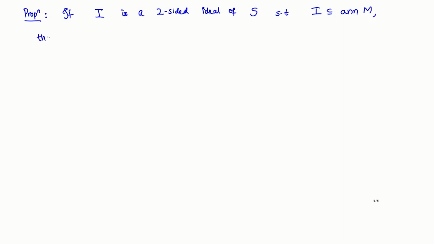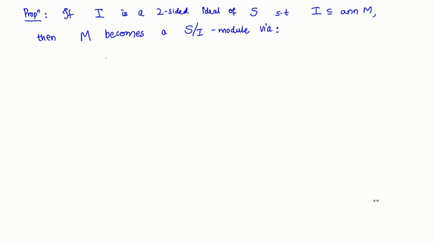And so here's the answer to the question: when can you make M into an S mod I module? If I is a two-sided ideal of S such that I is contained inside the annihilator, then M becomes an S mod I module via the following definition.